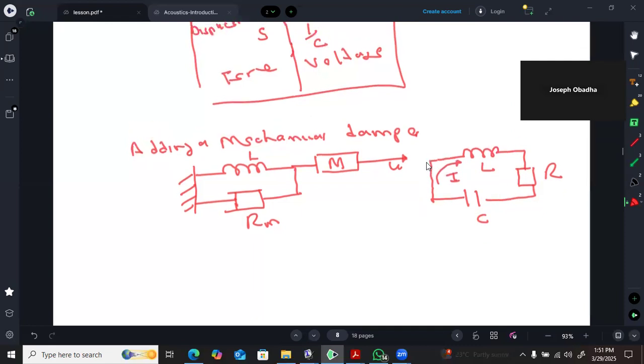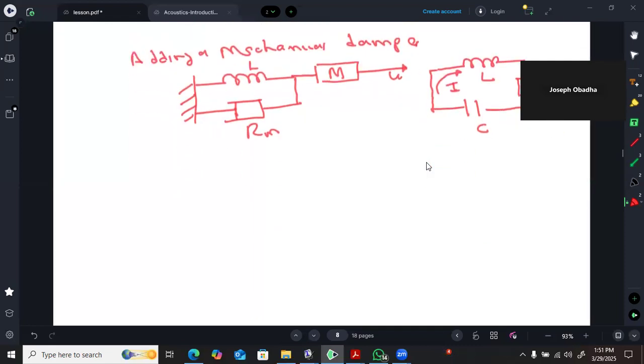So if we write down the equations for these two different systems, then we would get M d squared x by dt squared plus Rm dx by dt. Remember, we have done this, plus Sx equal to 0.